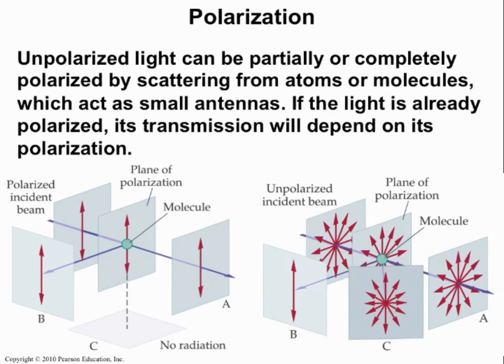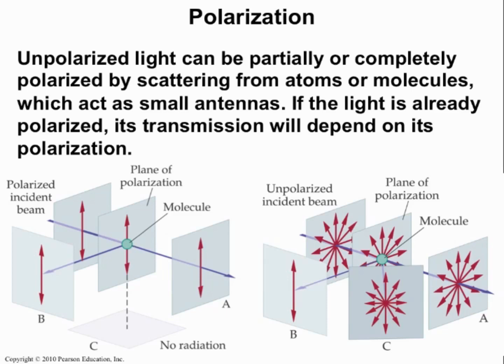Blue light scatters much more efficiently than red light, and so because of that, when we look up at the sky during the daylight hours, especially closer to noon, before late afternoon, what we're seeing is the blue, because that blue light is scattered so efficiently. Well, when the blue light gets scattered, it also polarizes.